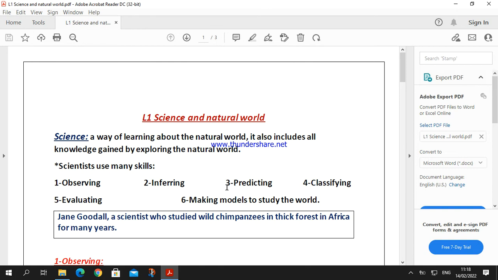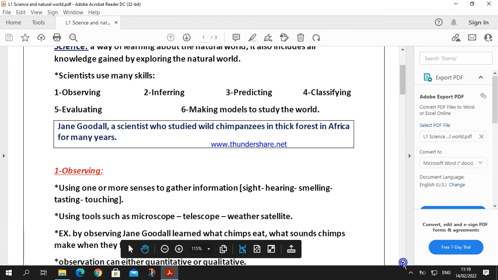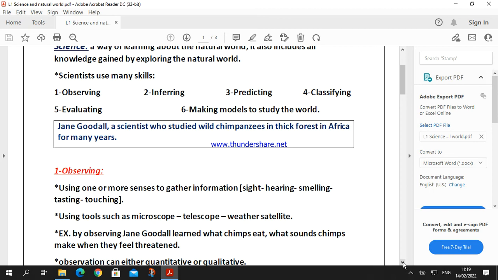And Jane Goodall, a scientist who studied wild chimpanzees in the thick forest in Africa for many years. In this lesson, we will talk about the skills used by the scientist, like number 1, observing. What is meant by observing?